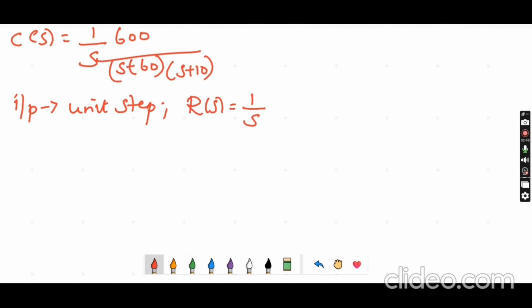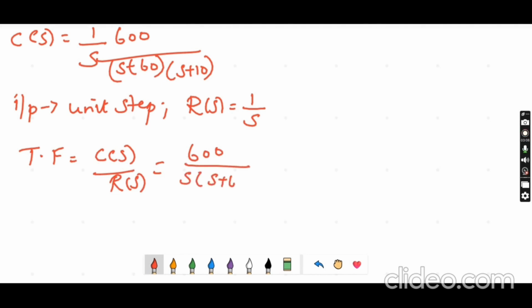So now we have C of S and also R of S. We need the transfer function TF, which is equal to C of S by R of S. We know C of S is 600 divided by S into S plus 60 into S plus 10, the whole divided by R of S, which is again 1 by S. So both S terms will get cancelled out.